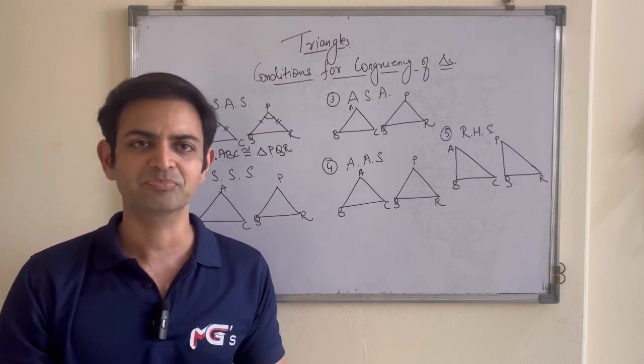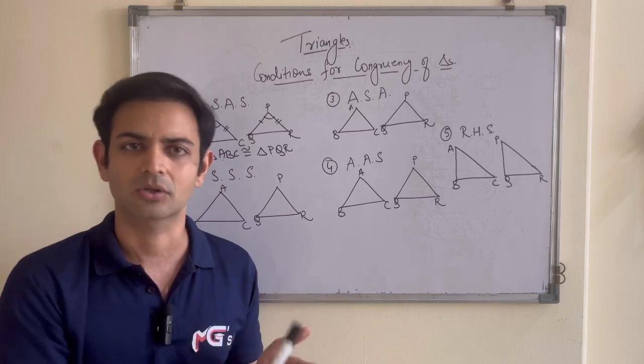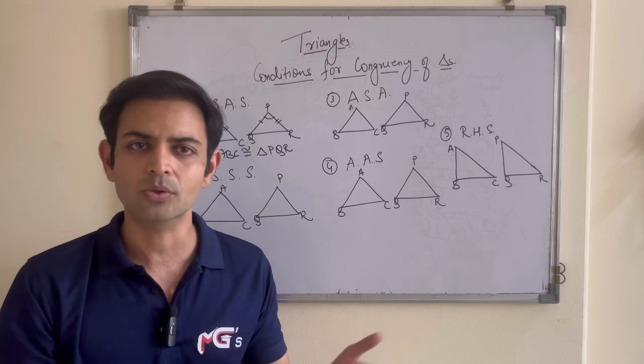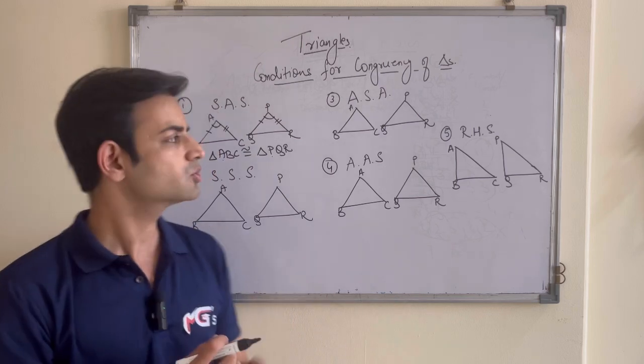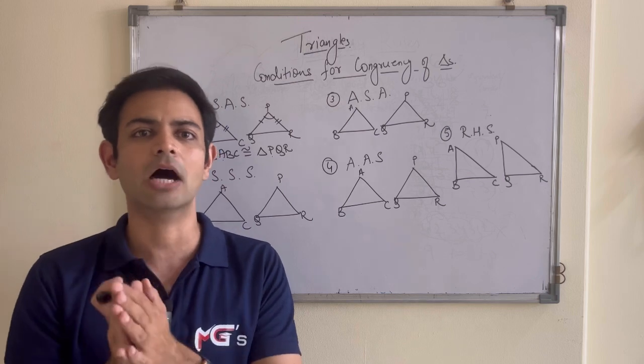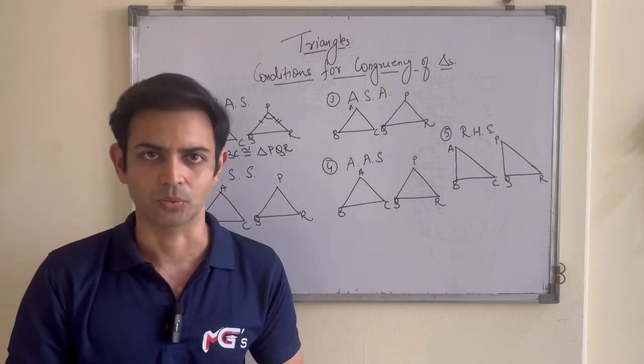Both mean the same: corresponding parts of congruent triangles are congruent, or equal. So out of 6, 3 are given to us, 3 we derive, and this is how we prove any question.